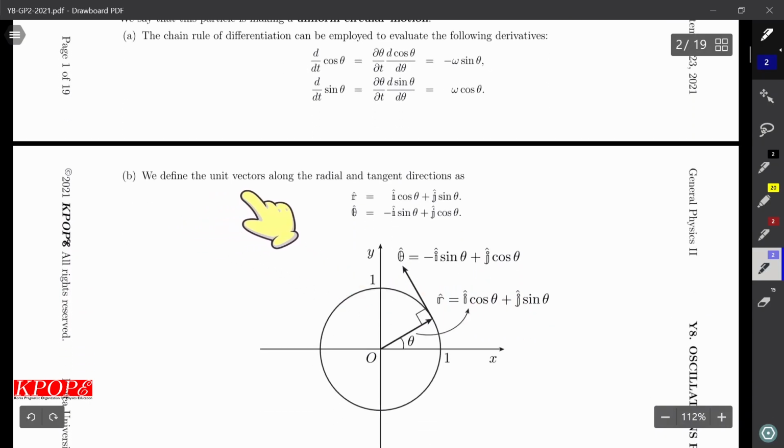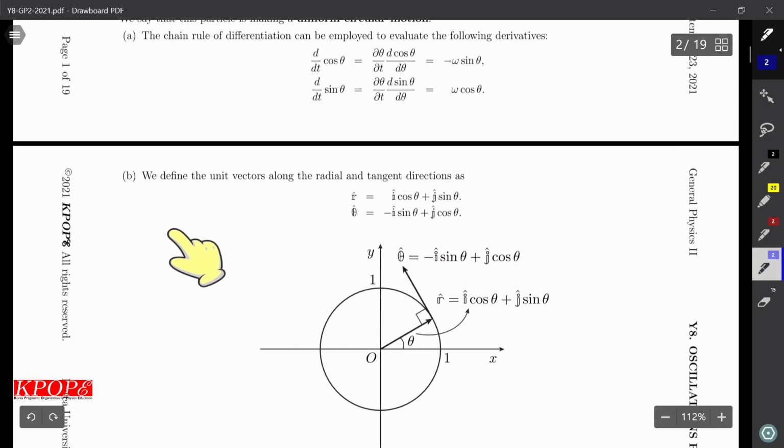We define unit vectors along the radial and tangential directions. We have already confirmed that r hat is a unit radial vector. The unit vector along the angle theta is perpendicular to the unit radial vector: theta hat is minus sine theta, cosine theta, with flipped sign in front of the x component.